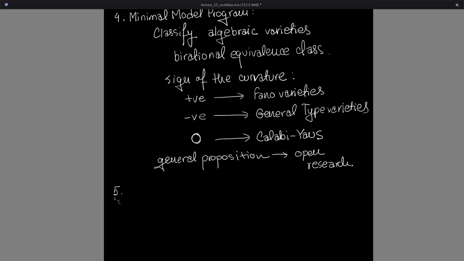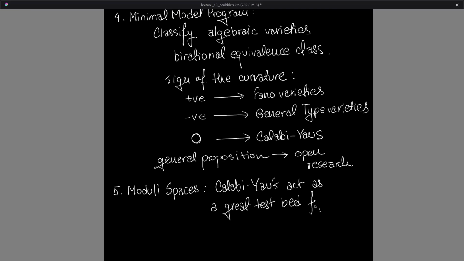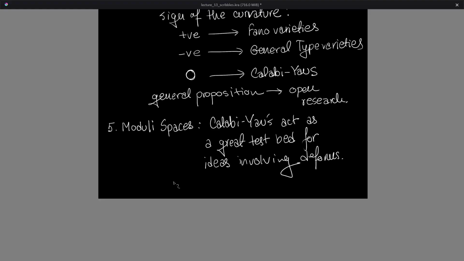Number 5, moduli spaces are also really important to mathematicians, and Calabi-Yaus act as a great testbed for ideas involving deformations, because as given by Tian-Todorov theorem, they have no obstructions to their deformations. That means that the infinitesimal transformations have no obstructions in becoming what I would call macroscopic deformations.